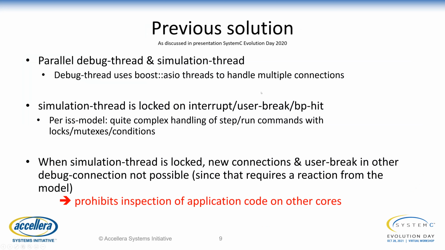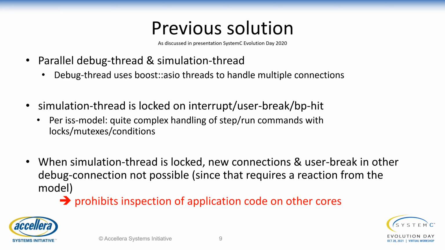So the previous solution, as was discussed last year on the SystemC Evolution Day, had a parallel debug thread and a simulation thread, and the debug thread uses the Boost Asio threads to handle multiple connections. In the previous solution, the simulation thread was completely locked when there was either an interrupt or user break or breakpoint hit.